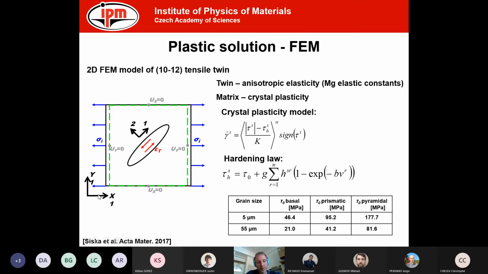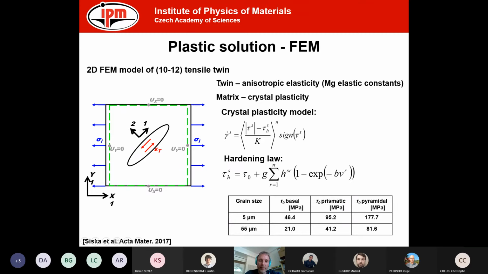In that case, the c-axis of the crystal would be the x-axis of our simulation. And then we introduced the twinning shear strain simply by a pseudo-thermal strain. We prescribe the thermal expansion coefficients for the twin, and then we just artificially increase the temperature, so the twin shears accordingly.